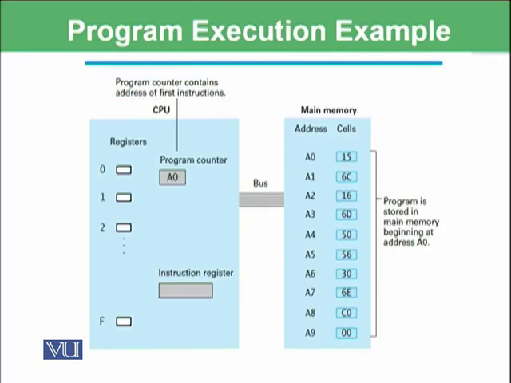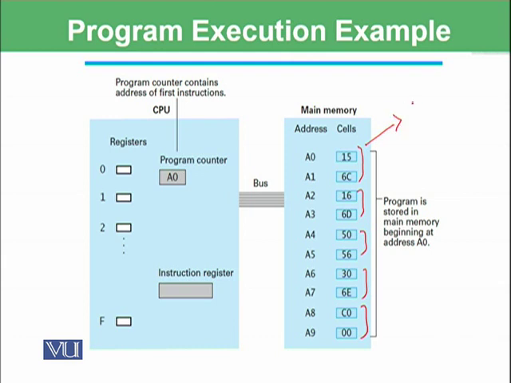Now we will move towards solving a practical problem using Appendix C, which I have already shown you. We have loaded a program into the RAM, and that program is available here: 156C, 166D, and so on. I have grouped them together because these 4 digits form one instruction.